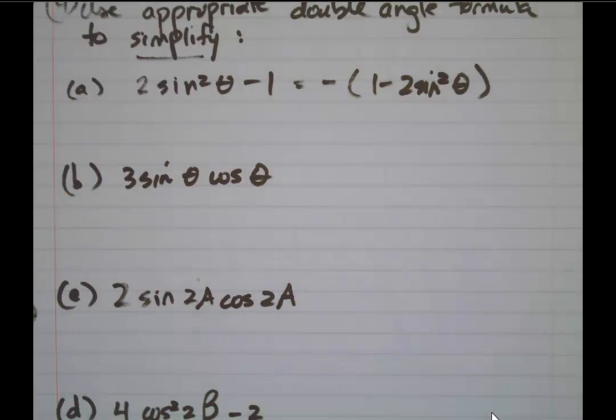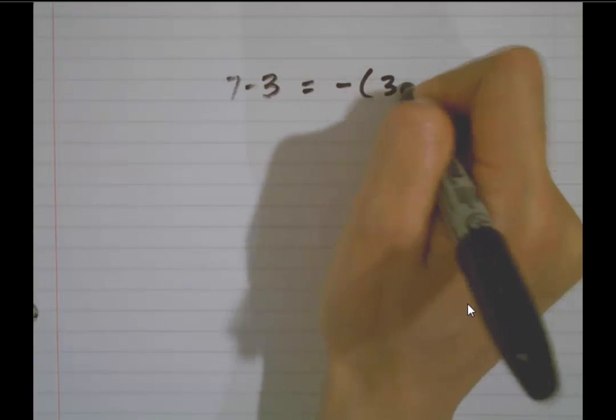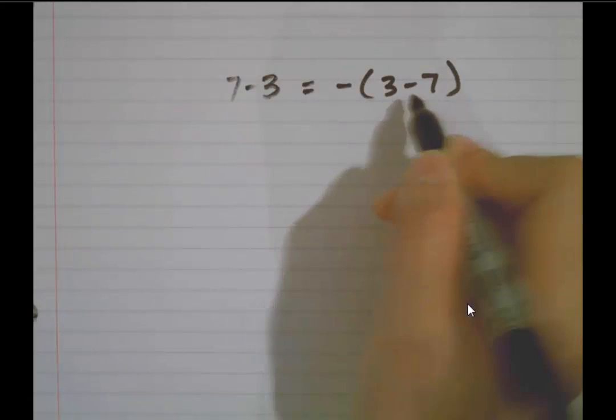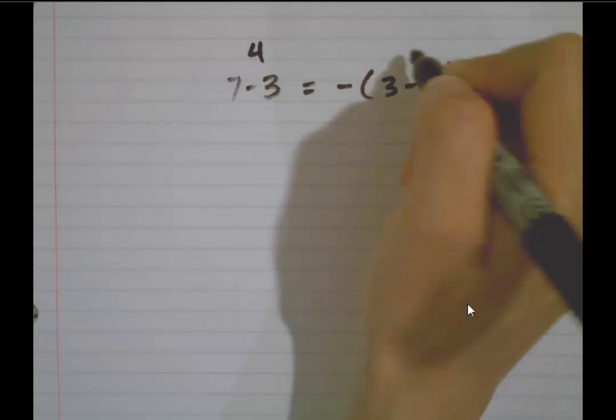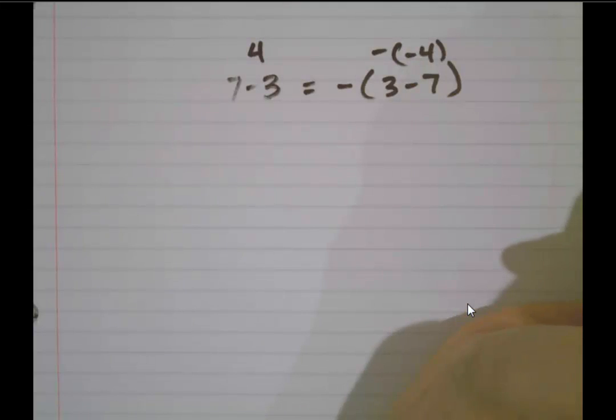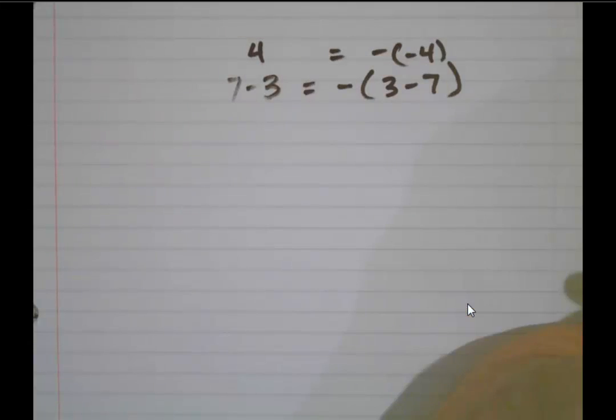Okay, and why is that? Well, let's think about it over here. If I have 7 minus 3, which is equal to 4, then I know that 3 minus 7, if I switch them, this is 4, this is negative 4, but if you take the opposite of a negative number, you get a positive.